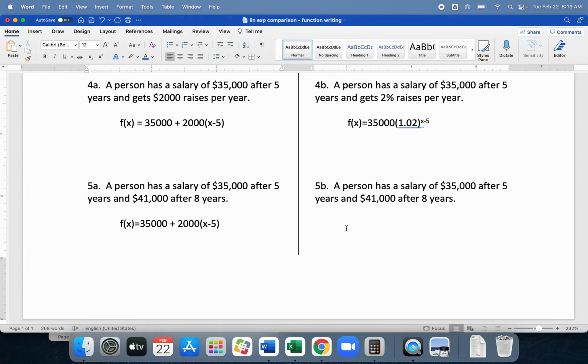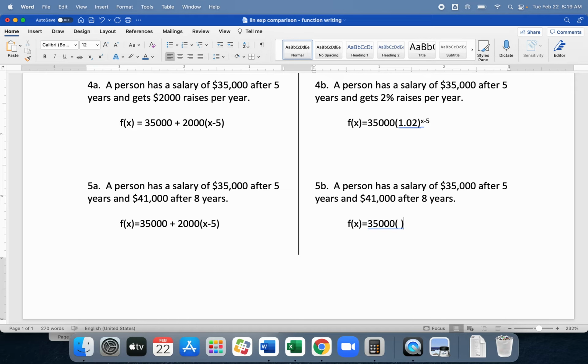5B, and this one's not going to be the same as anything. But I can say, well, I'm starting with 35,000, and I don't know what I'm multiplying by something. After 3 years, I know that worked out to a $6,000 raise, but I don't care about the dollars.